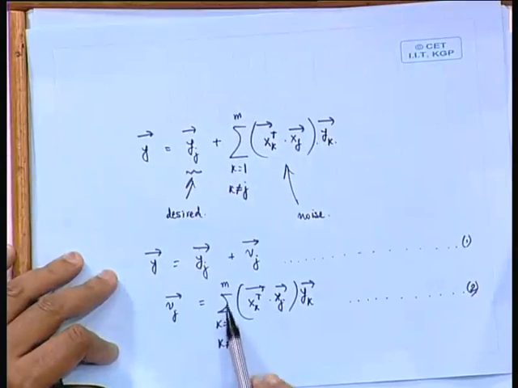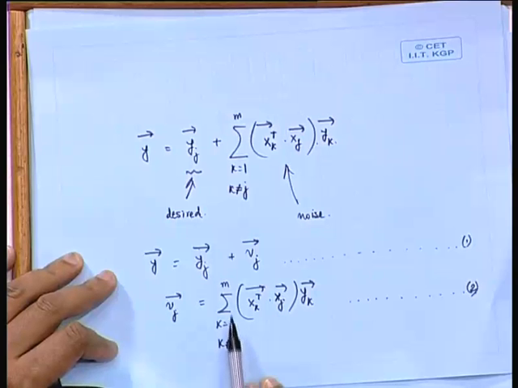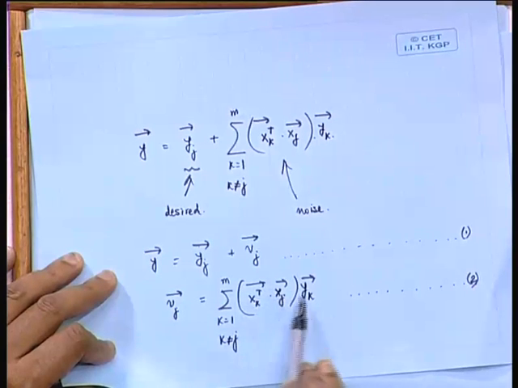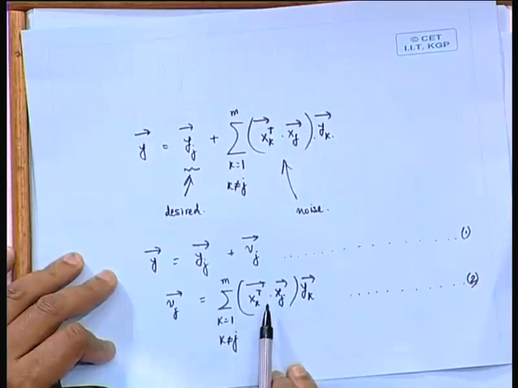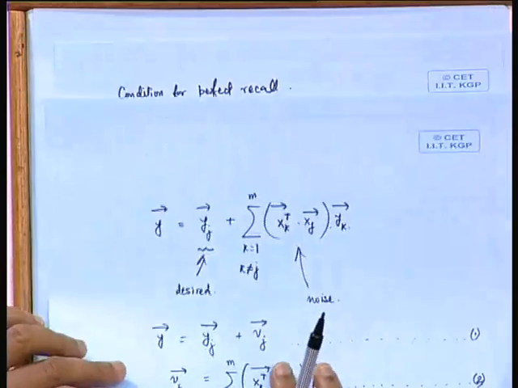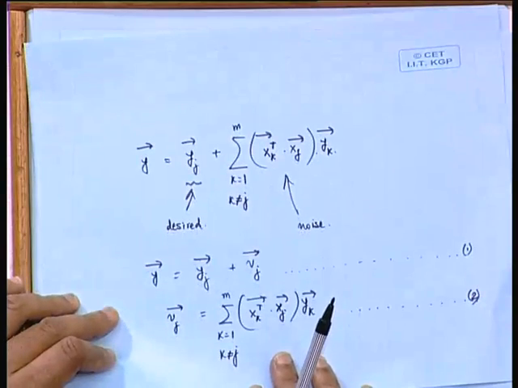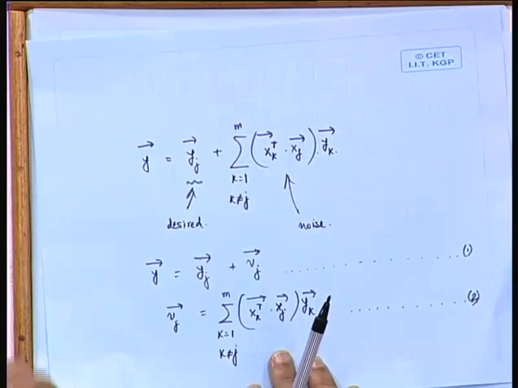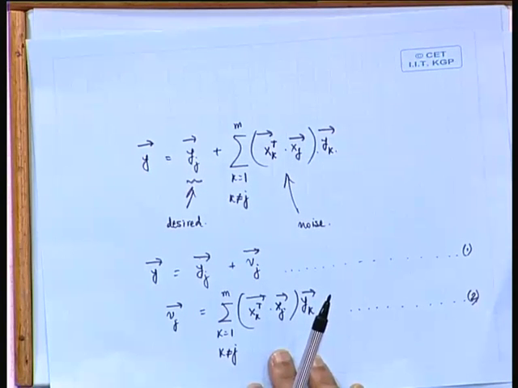Why? Because just see this expression, k is equal to 1 to m, we are already taking. That means this orthogonality condition must be valid for all. Is it clear? xj is not some particular set, it's not necessary to be a subset; both xj and xk belong to the key set x key.